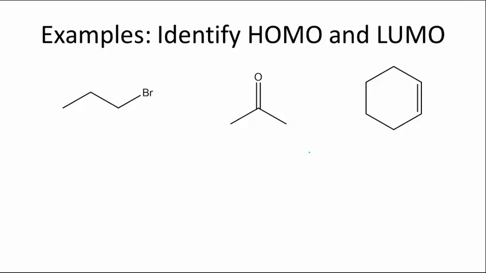All right, so here are 3 examples. Relatively quickly, without drawing a full MO diagram, I want you to try and identify the HOMO and the LUMO in each of these 3 molecules.